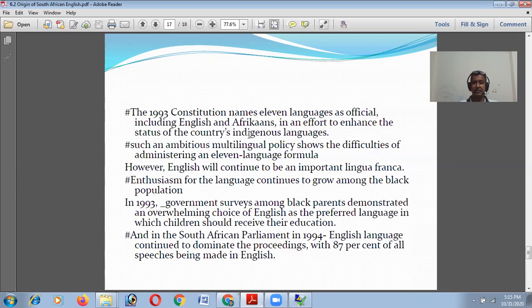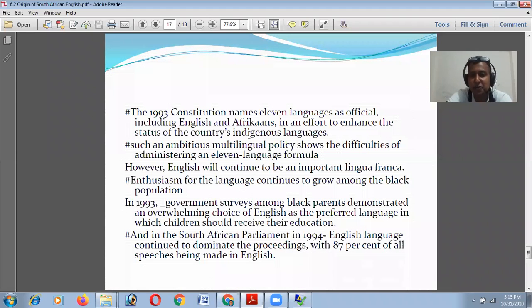Actually, many indigenous languages are used in Africa in order to promote all the indigenous or minority languages in the status of the country. Of these 11 official languages, English and Afrikaans are also included. Such an ambitious multilingual policy shows the difficulties of administrating an 11-language formula.